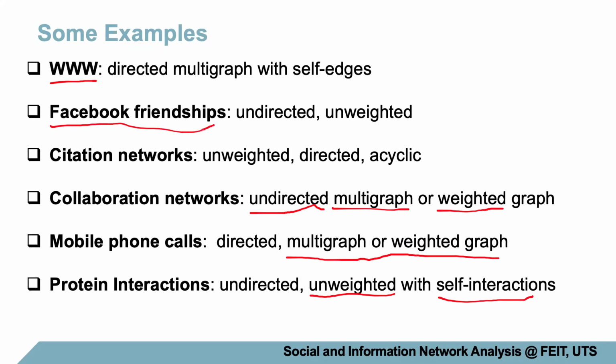In the Facebook friendship network, the object would be a user or individual. In citation networks, the object, or the node, we say node or vertex, is a paper. So in different networks and graphs, the objects can be different. Is it clear?